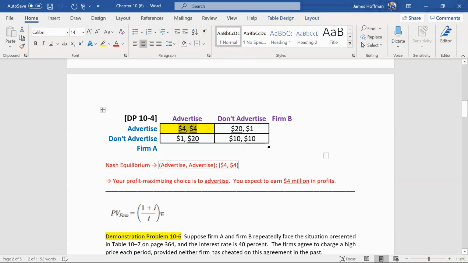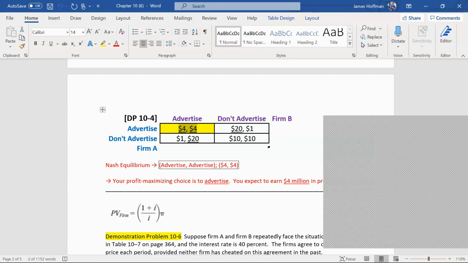Now, you can see over here that if they both agreed not to advertise, they could both get 10 million and split that. That's a much better outcome. But the problem is, if they don't reach an agreement or trust each other, then these firms run the risk of only getting 1, and so they're not going to do that unless they can reach an exclusive agreement.